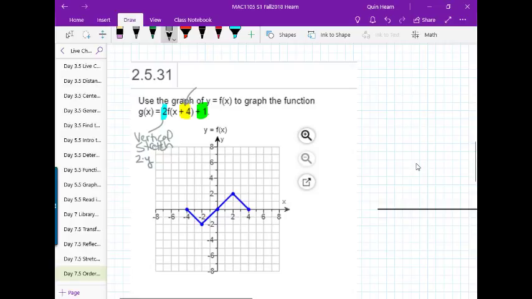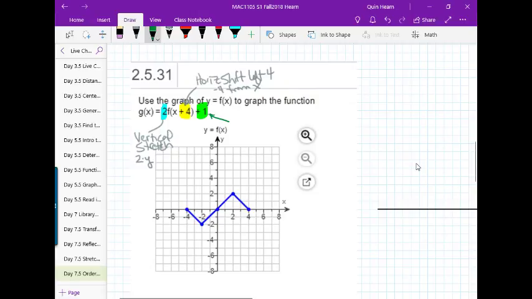And then this plus 4 here, that's inside the function, so it's a horizontal, it's affecting the x coordinate. You do the opposite of what you would think, so it's going to be a horizontal shift to the left 4 units. You're actually going to subtract 4 from each x. And then this other one over here, plus 1, is on the outside of the function, so it's affecting the y coordinate.